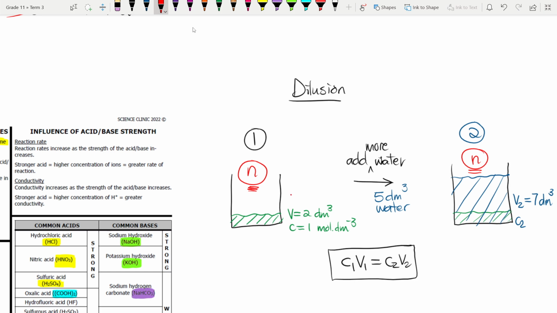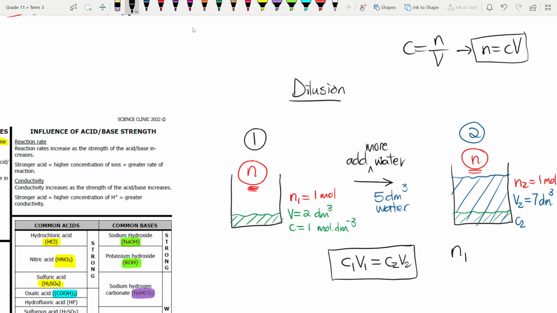So number of moles 1, if it was 1 mole, the number of moles 2 is still going to be 1 mole. And we know that concentration is number of moles over volume. So if I write this in the form of number of moles, it is concentration times volume. And if N1 is equal to N2, then that's how we formulate this equation. It means C1V1 is C2V2.